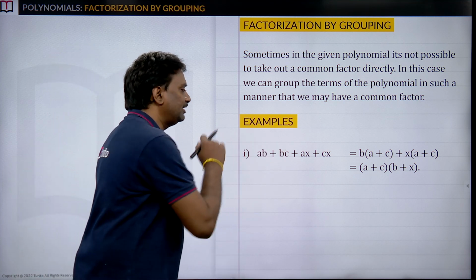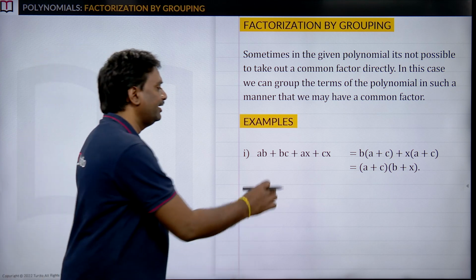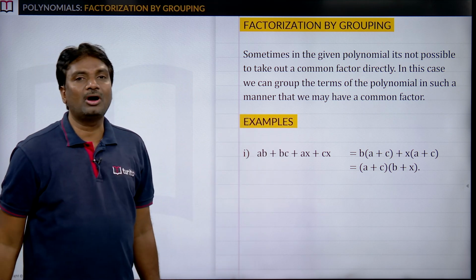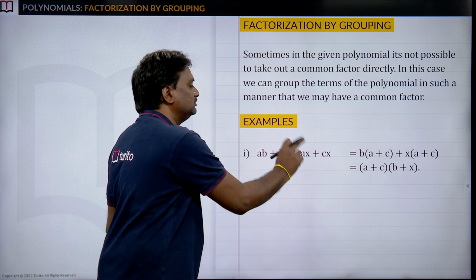By observing this expression, clearly we can say there is no term common. How many terms are there? 1, 2, 3, 4.